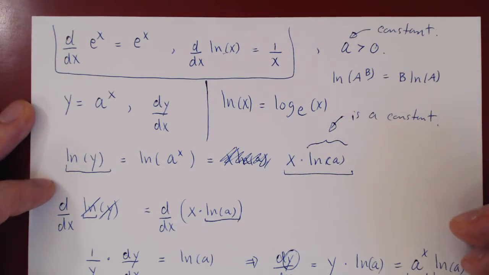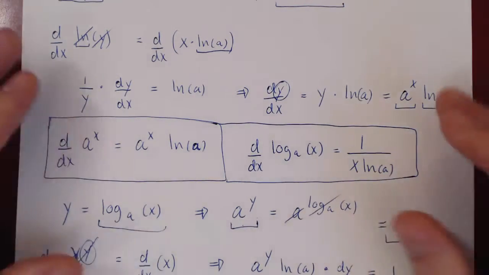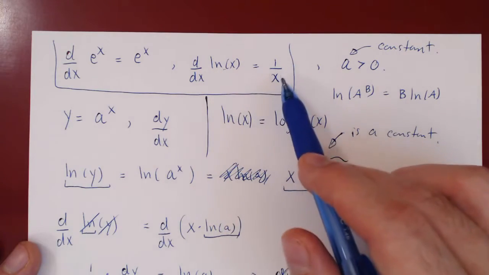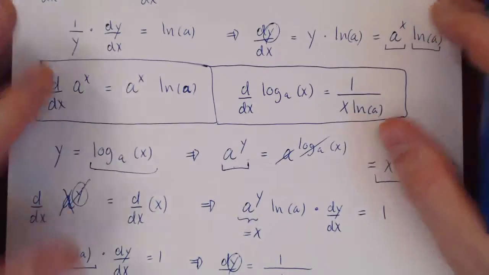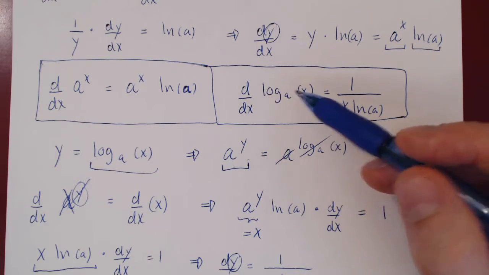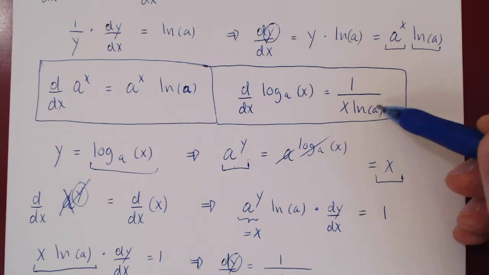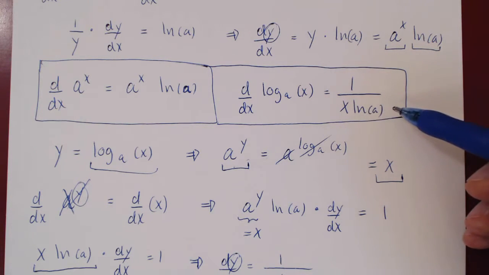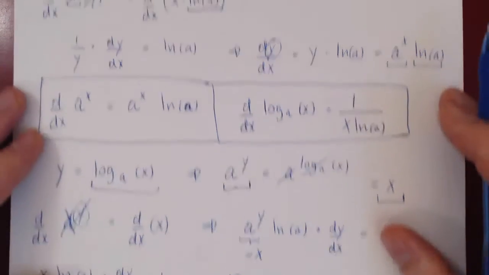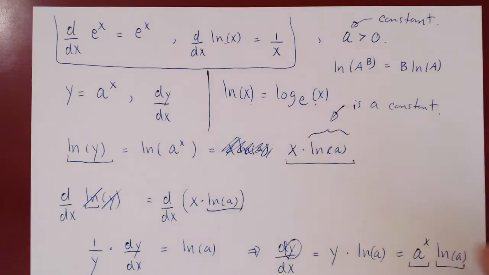So if we replace a by e in our general result, we will get back the previous result that the derivative of ln of x is 1 over x. Well, if you replace a by e, this is ln of x, and the derivative would be 1 over x ln of e, but ln of e is equal to 1, so once again we would have 1 over x. So this agrees with a special case of the logarithmic function base e.